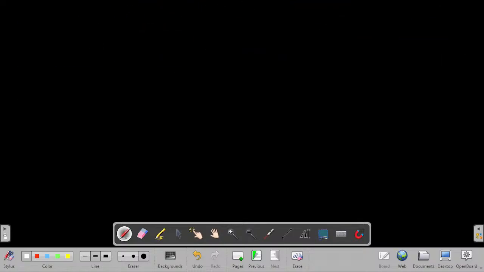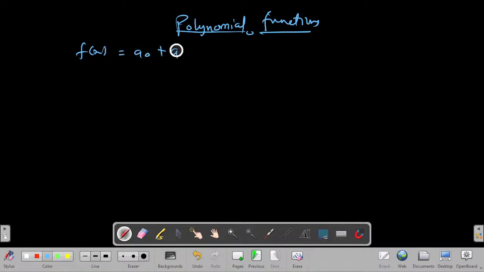Let's move on to polynomial function. I think this one is too familiar. I'm not going to touch on it. Polynomial function. And the polynomial functions, you see that a function f of x, which is equal to a naught plus a1x plus a2x squared in that order.